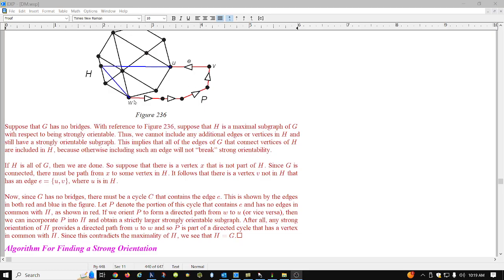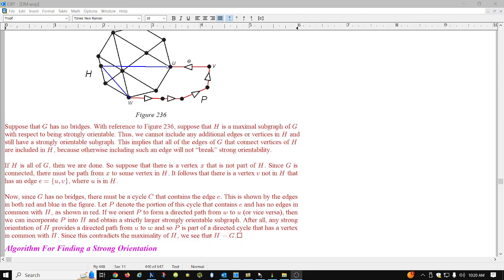The portion of that cycle whose edges are not in H, that's the red portion I call P. Now, we can orient P to a directed path from W here to U, in either direction, it doesn't matter. So we form a directed path. Now we can incorporate P into H.